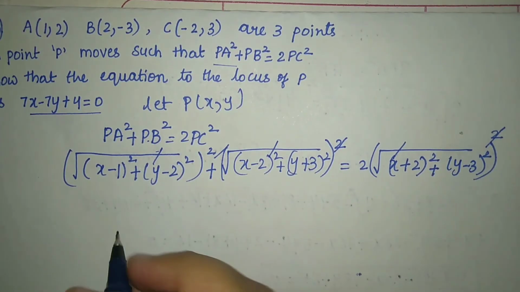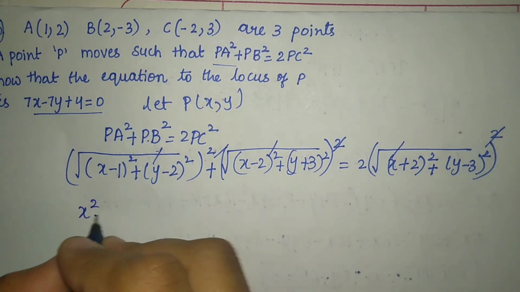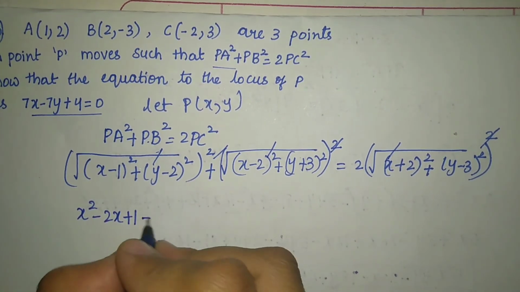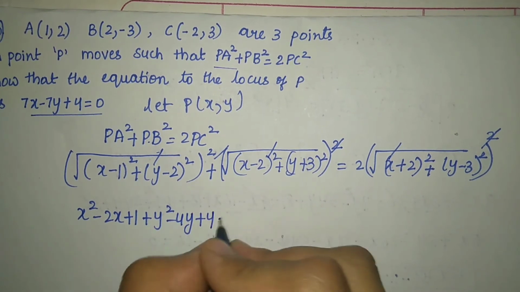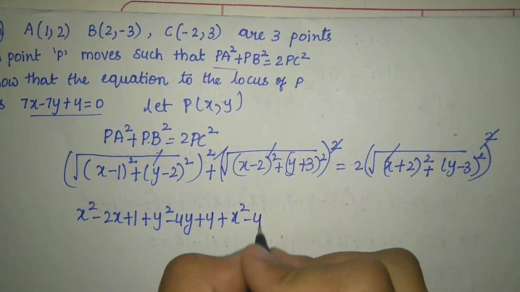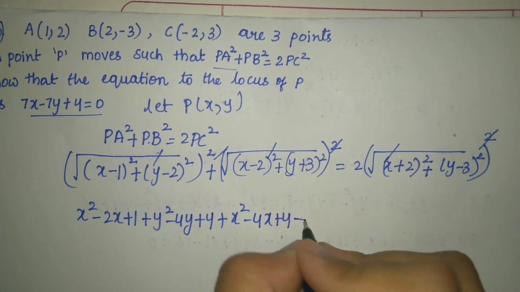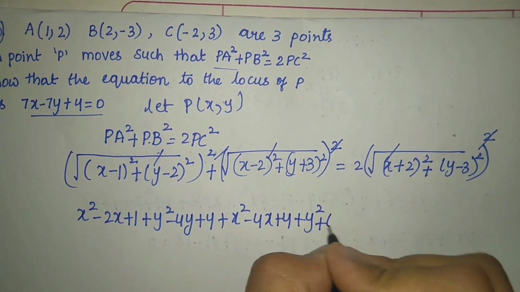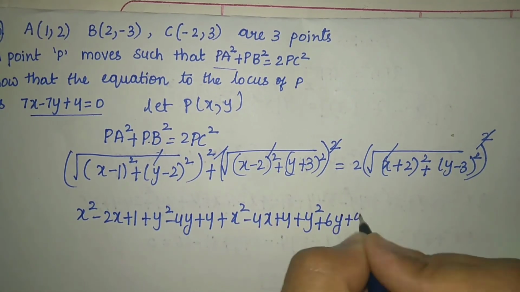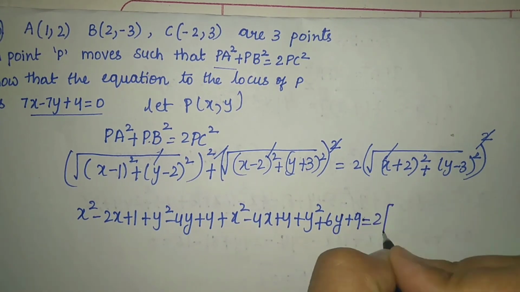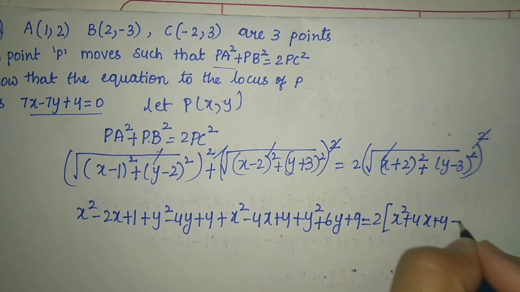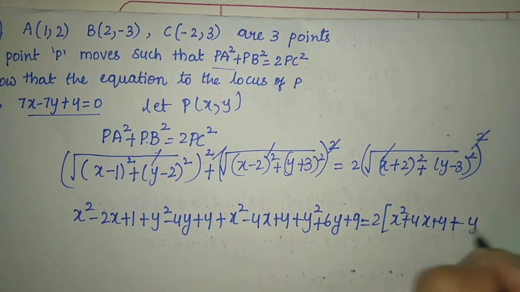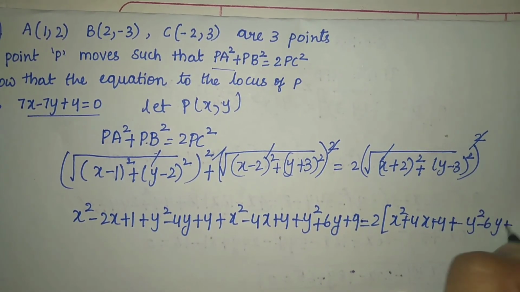Just expanding. x square minus 2x plus 1 plus y square minus 4y plus 4 plus x square minus 4x plus 4 plus y square plus 6y plus 9 is equal to 2 into x square plus 4x plus 4 plus y square minus 6y plus 9.